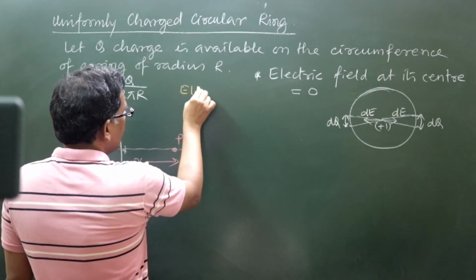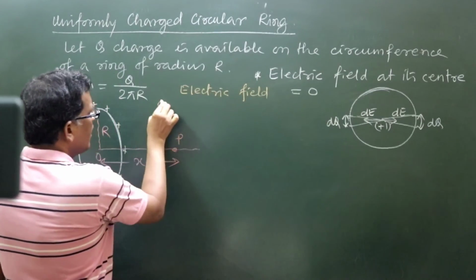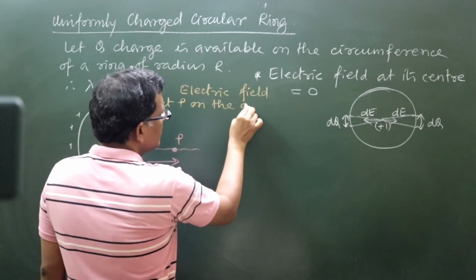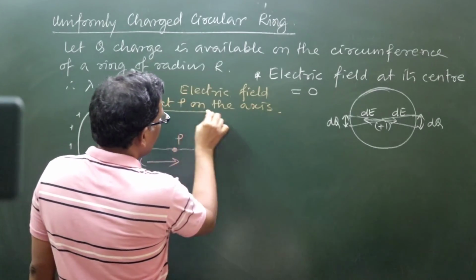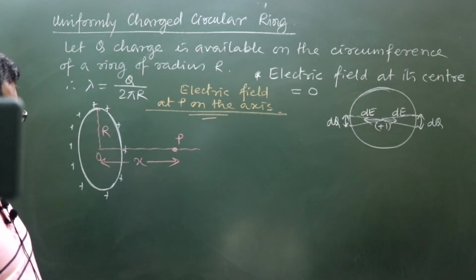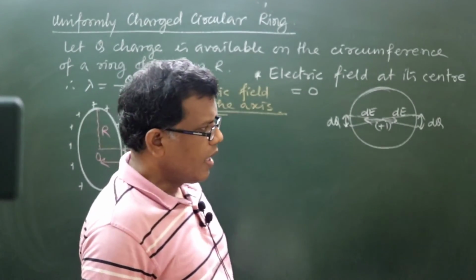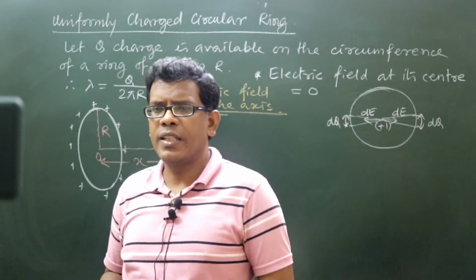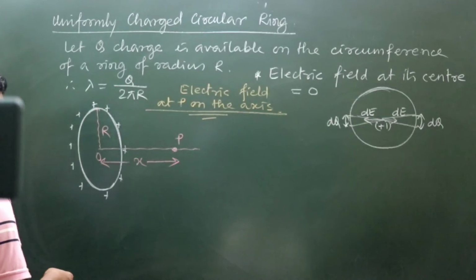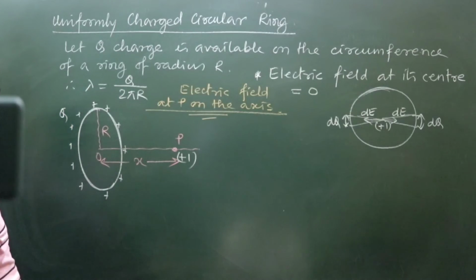So we will discuss the electric field at P on the axis. Whenever we discuss the electric field at this point, as we know, the total charge appears on the circumference of the ring, so we cannot calculate the total force on this +1 test charge at P because of the total charge Q. So what we will do?